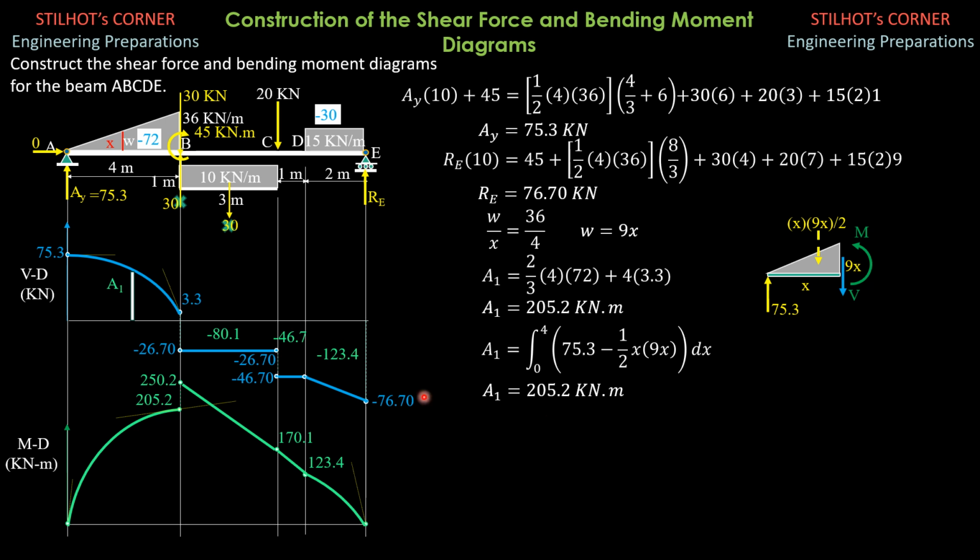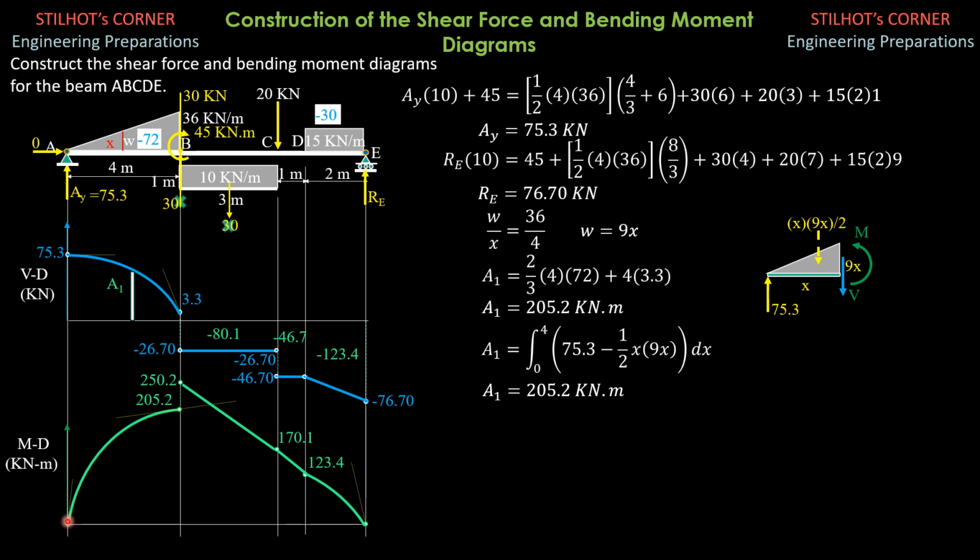So to continue, now that we know that the area is 205.2, the moment at A, because this is an end support, pin, is 0, then it is plus area 1, which is 205.2. To connect these 2 points with a curve, the moment curve, describe the change in ordinates above, interpret it as the change in slope of the tangent below. So from positive 75.3 slope, it reduces to 3.3 slope.